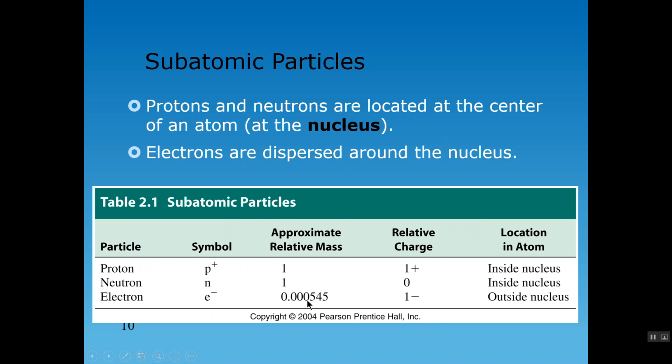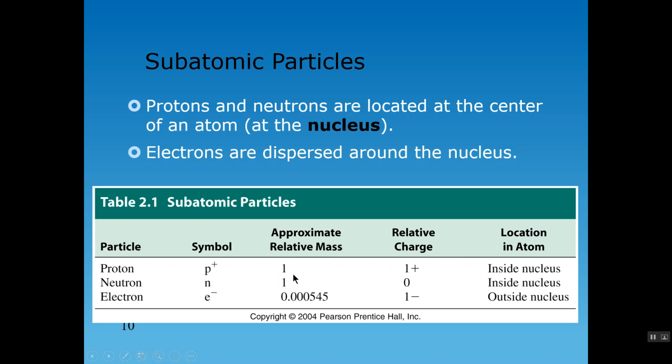And this chart that you see here is basically a summary of the properties of the different particles. So for the proton, this is the symbol that is used. The relative mass of the proton is 1 unit. The relative charge is +1. And as I said before, the proton is located inside the nucleus. As far as the neutron is concerned, this is the symbol that we use to represent the neutron.